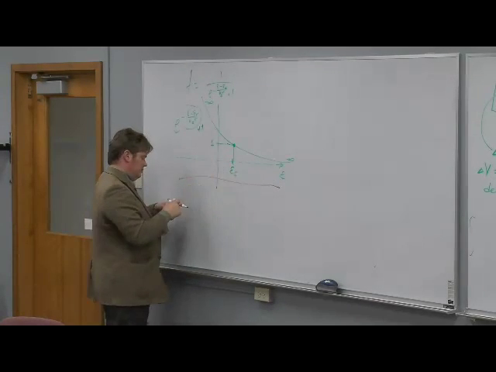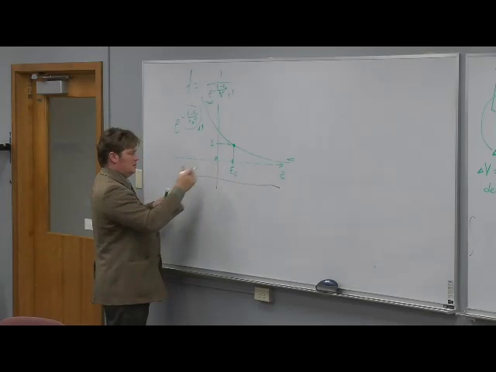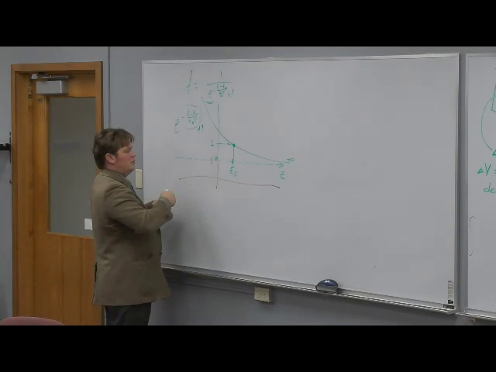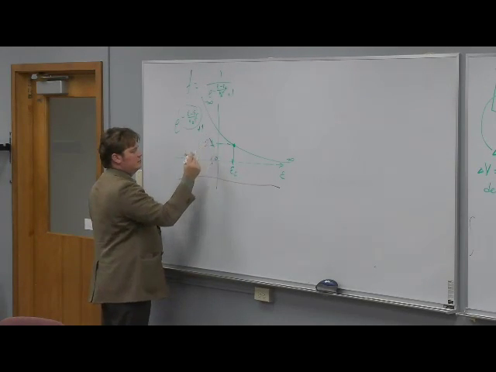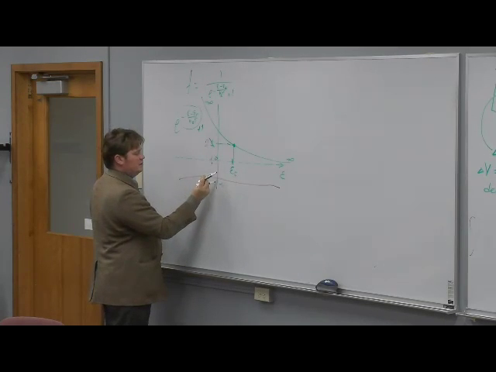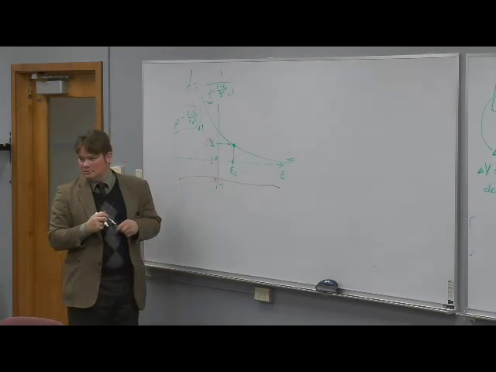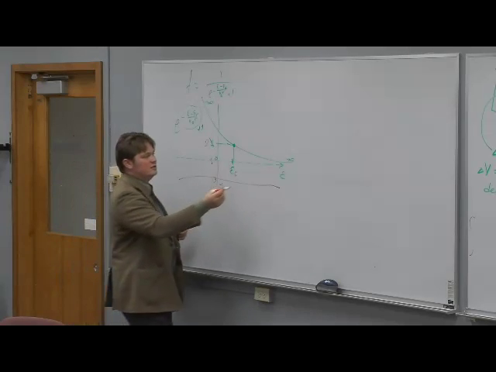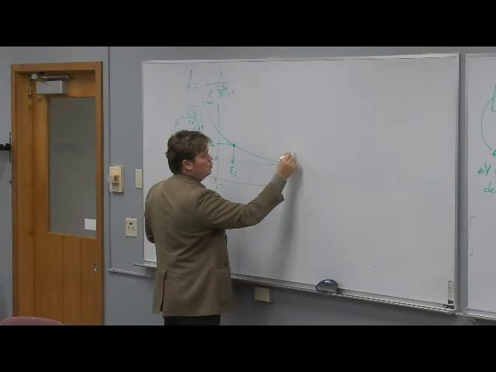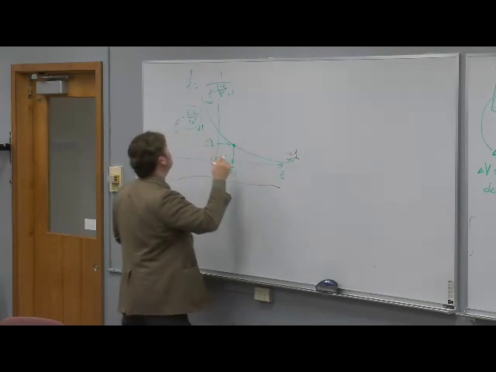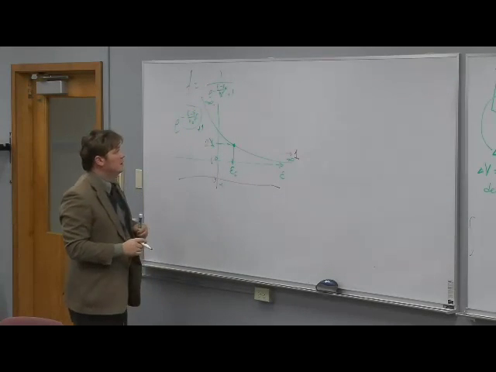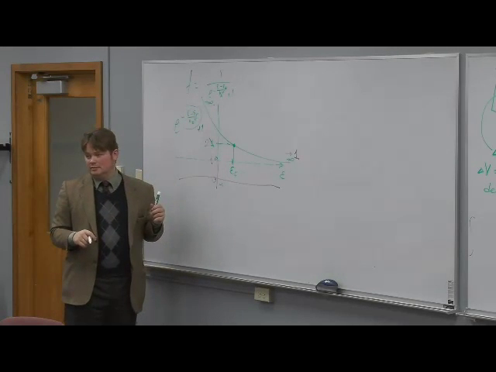So where we had 0, now we have 1. Where we had 1, now we have 2. And where we had minus 1, now it is 0. So now this function tends to 1 at infinity, and it still tends to infinity at minus infinity.